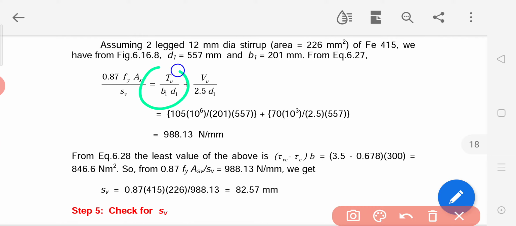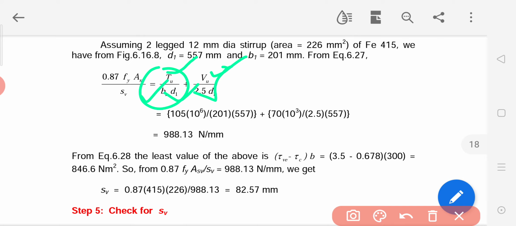We provide Vu equal to 70 into 10 to the power 3 upon 2.5 into D1, which is 557.